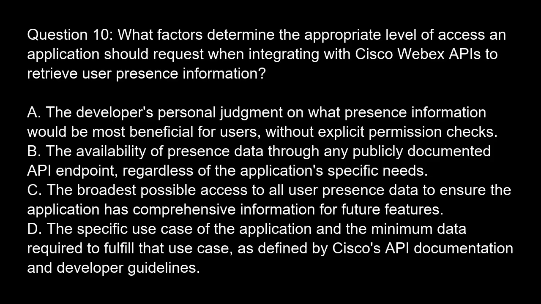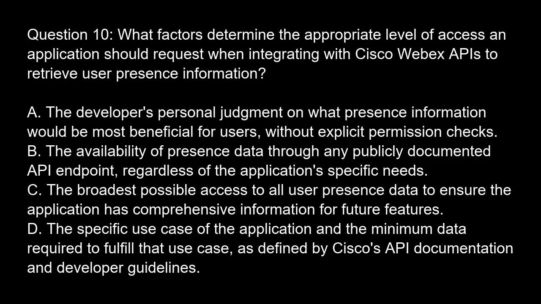Question 10. What factors determine the appropriate level of access an application should request when integrating with Cisco Webex APIs to retrieve user presence information? Option A. The developer's personal judgment on what presence information would be most beneficial for users, without explicit permission checks. Option B. The availability of presence data through any publicly documented API endpoint, regardless of the application's specific needs.